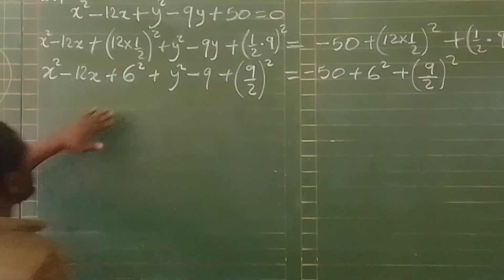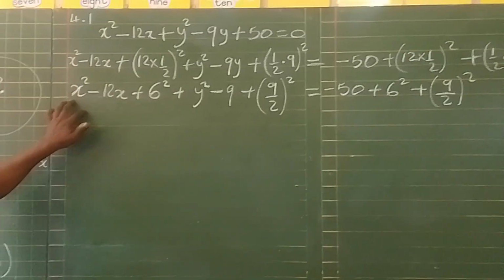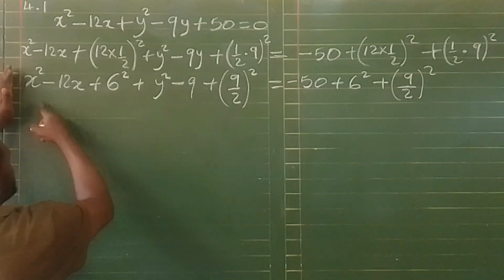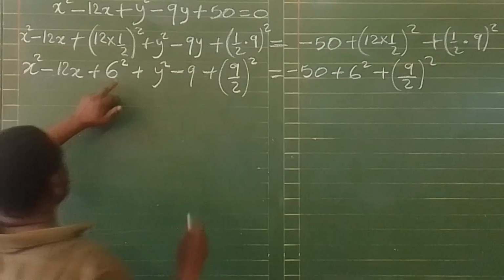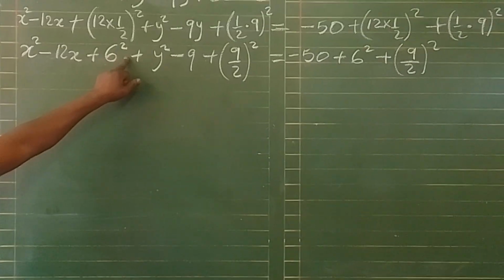Right. When you come back here, you are going to factorize this, and factorize this. I did not want to say 36, because 6 squared is 36.